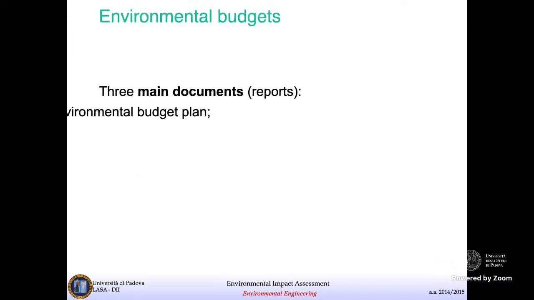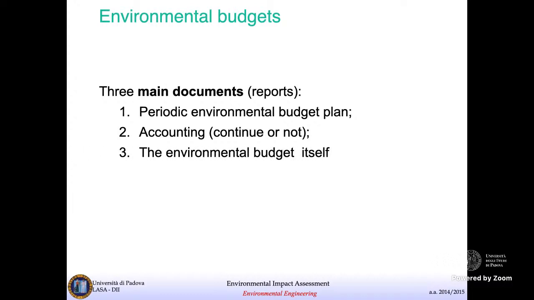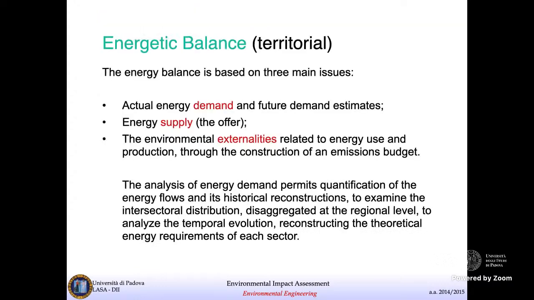So the environmental budget is made of three main documents or reports: a periodic environmental budget plan, an accounting, but it may be continuous or not. So accounting means making the difference between estimated costs and estimated benefits, and then the environmental budget itself is exactly the estimation, the way you estimate the costs and benefits.